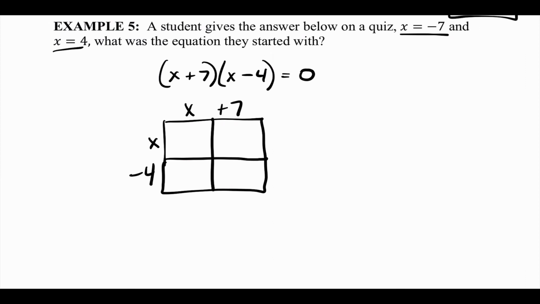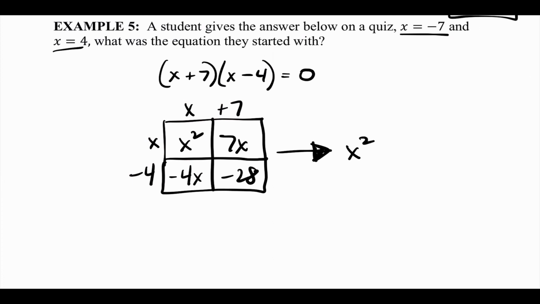Then we use multiplication. x times x makes x squared. 7 times x makes 7x. x times negative 4 makes negative 4x, and then negative 28, right? So that means the equation had to have been x squared.